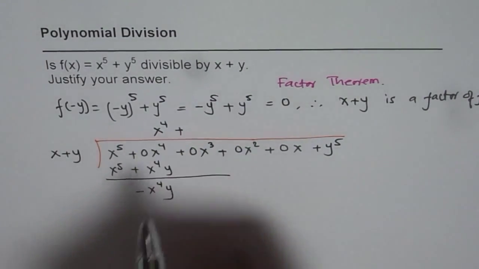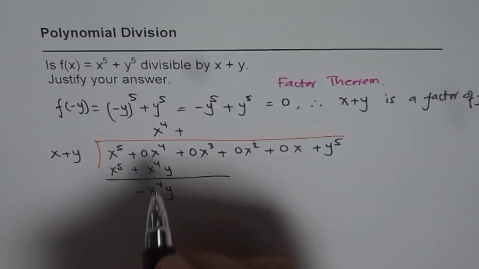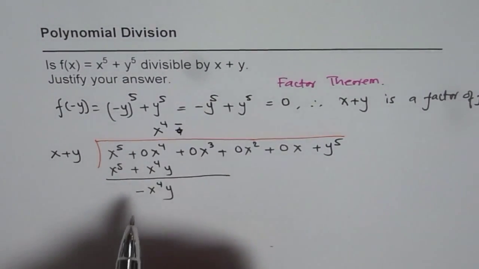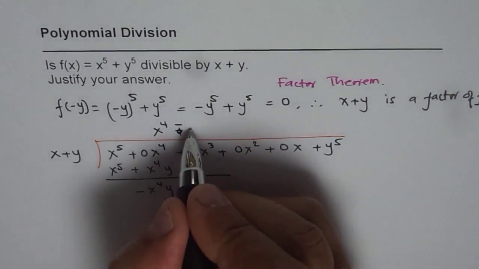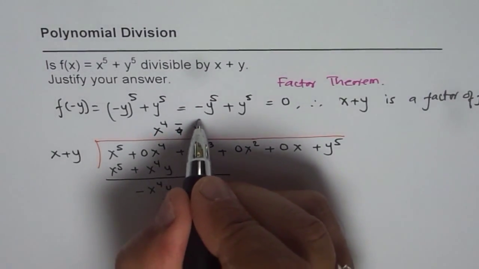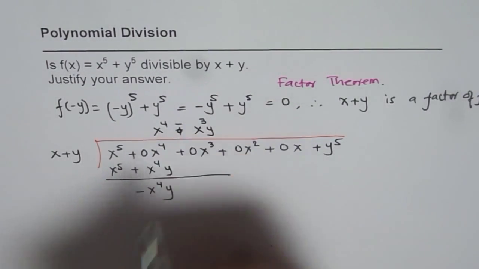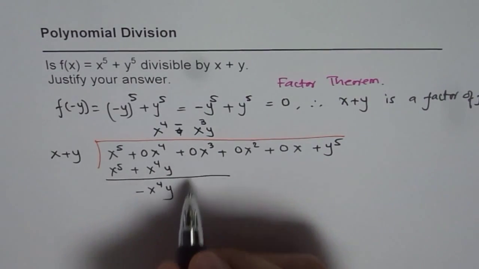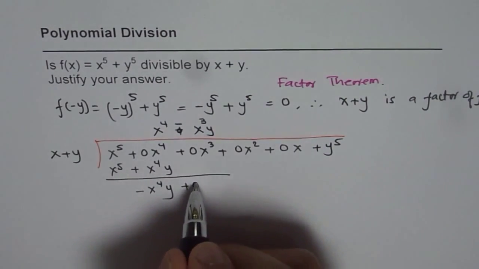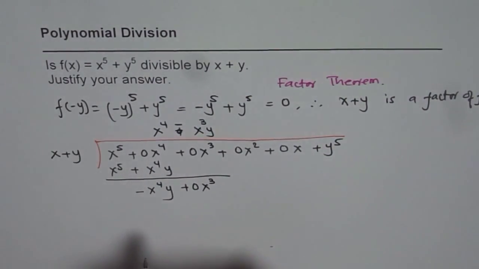So we multiply this time by minus x cubed y, since this is negative. Let's bring down the next term, which is plus 0x cubed.